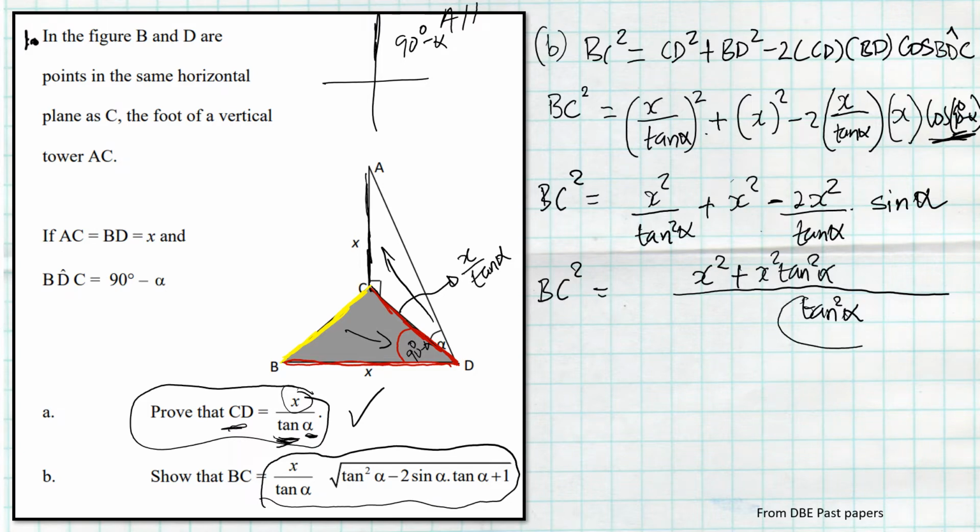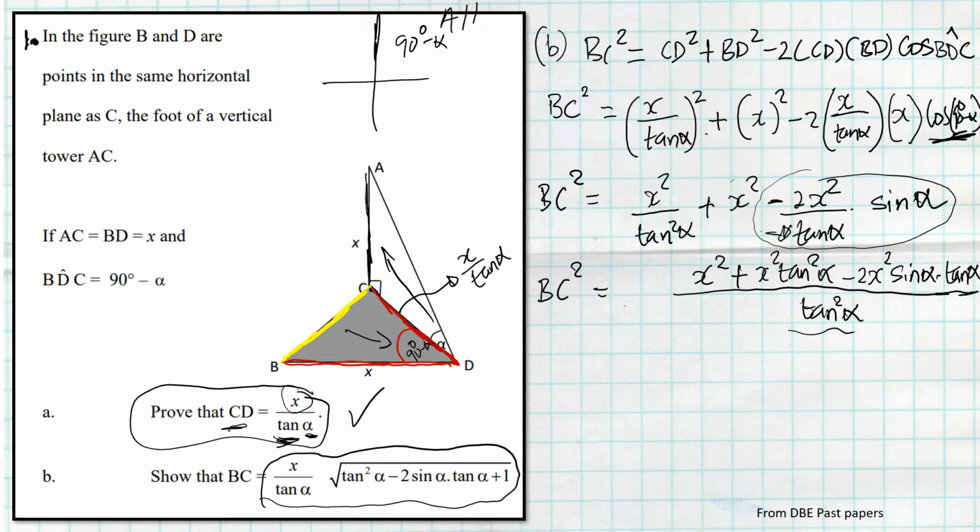Then when I multiply tan squared alpha with this term here, one of the tan alpha will cancel with one of it there, and I'll be left with minus 2x squared sine alpha multiplied by tan alpha, because one of them is going to cancel out with this one down here.